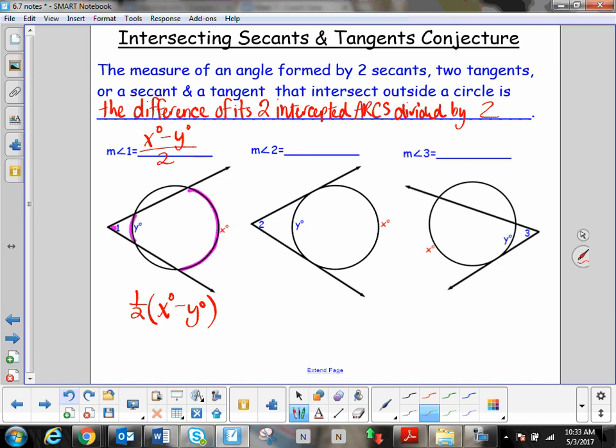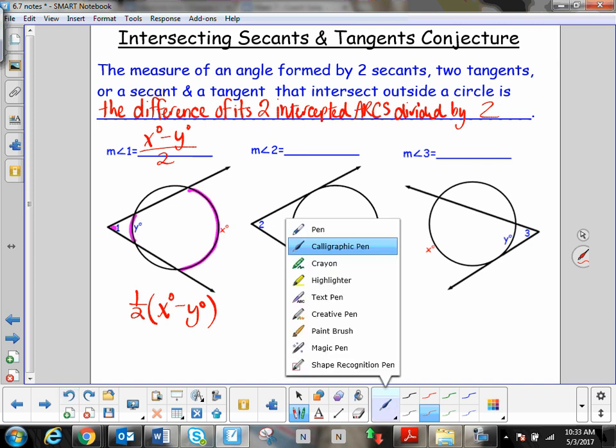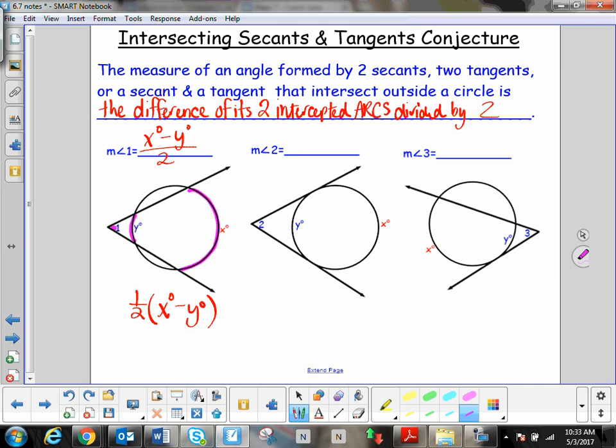Same thing here. It's the exact same formula. However, the arcs are a little bit different. So the big arc is going to be X degrees, going from point of tangency to point of tangency. And then the little arc goes from point of tangency to point of tangency, but the smaller.